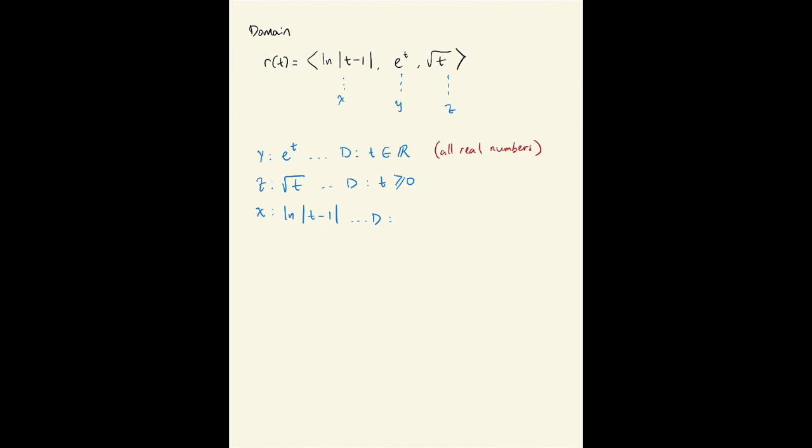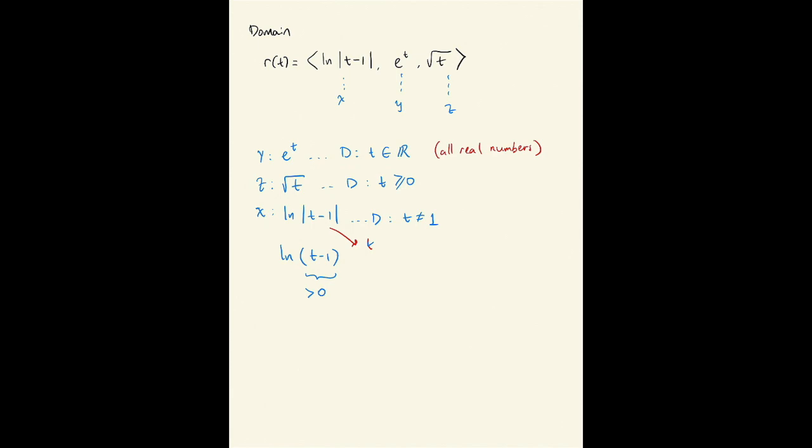Remember, it has absolute value. It's different from this. If in this case, then you need to be greater than 0, right? But here, t is not equal to 1, right?